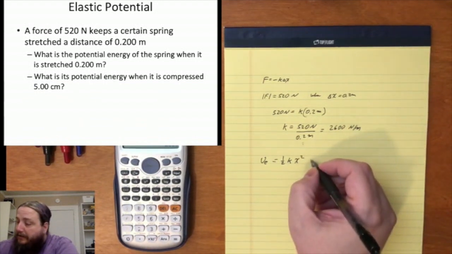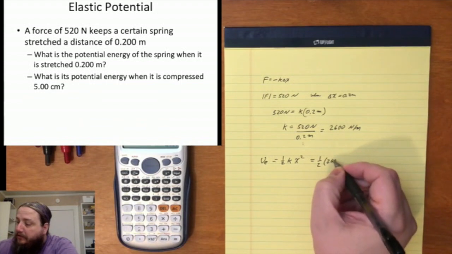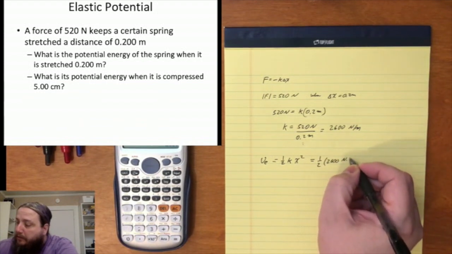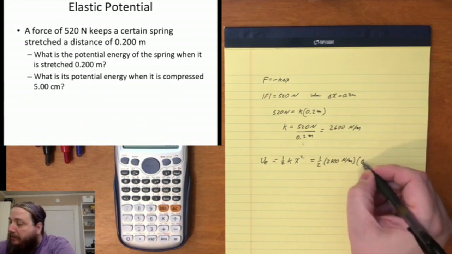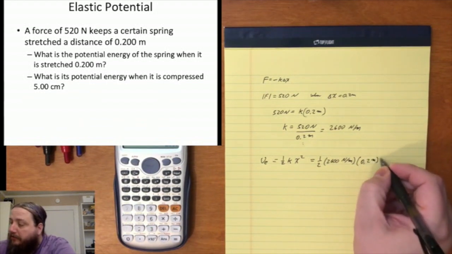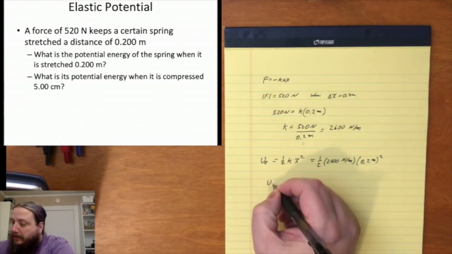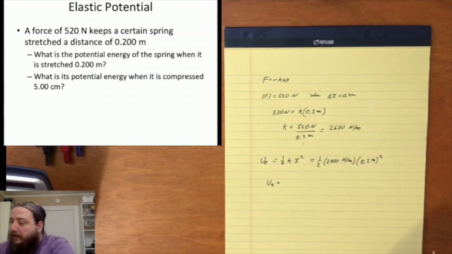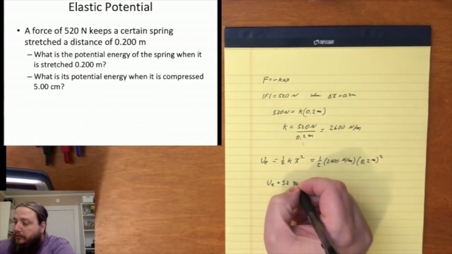So in this case, that's going to be 1/2 our 2,600 newtons per meter, and 0.2 meters squared. So 0.2 squared times 2,600 divided by 2. Our elastic potential energy would be 52 joules.